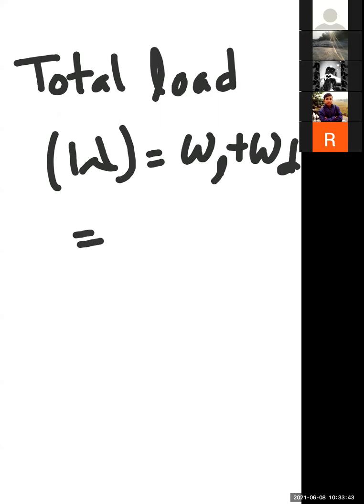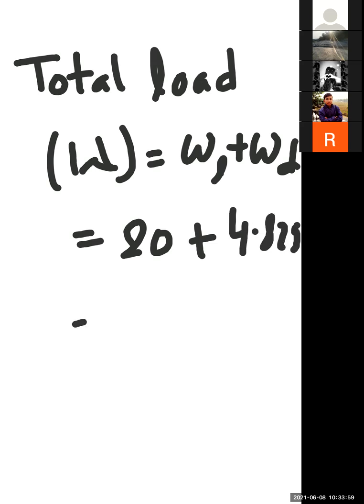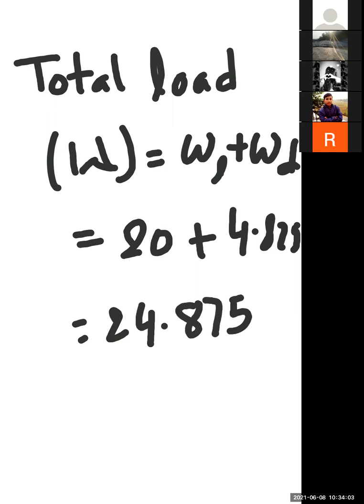Means WL, live load, which is given here in the question, 20 kilonewton per meter, and WD 4.875, means 24.875 kilonewton per meter is the total load of the beam.